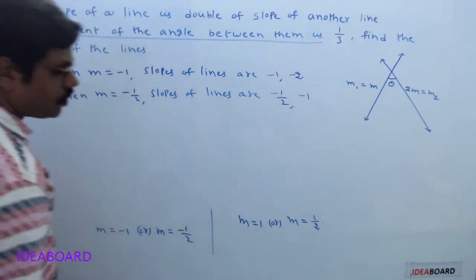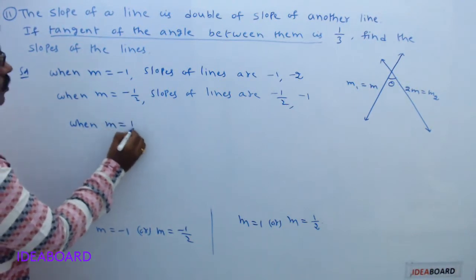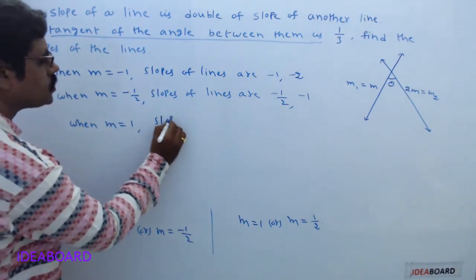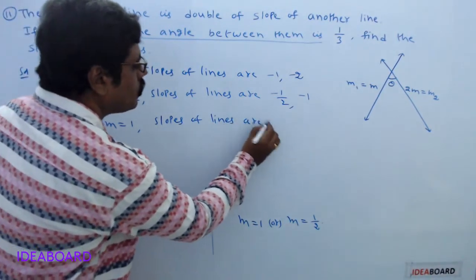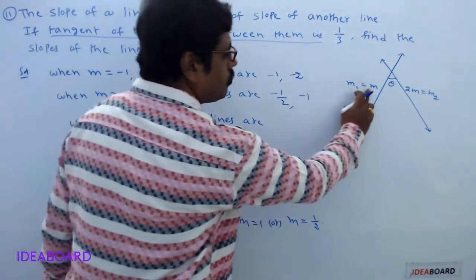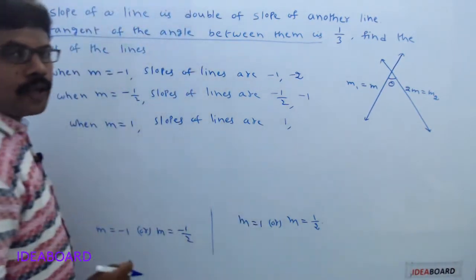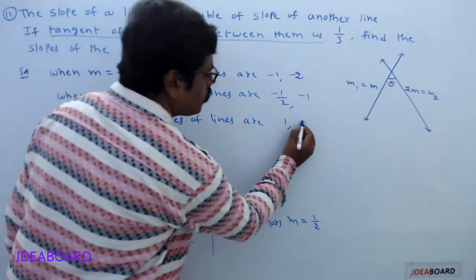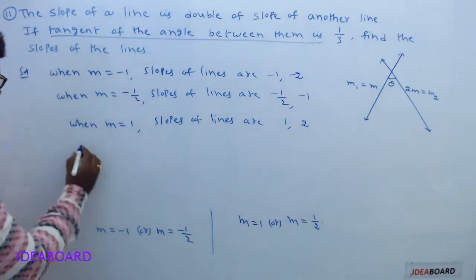Then take the value of m as 1. When m equals 1, what are the slopes of the lines? m, 2m. Your m value is 1, 2m is 2 into 1, 2. Then finally m equals half.